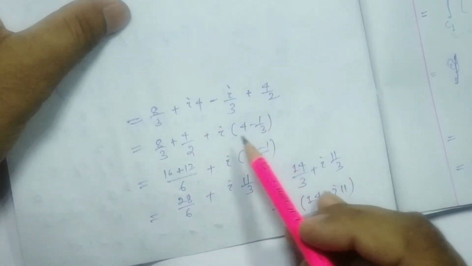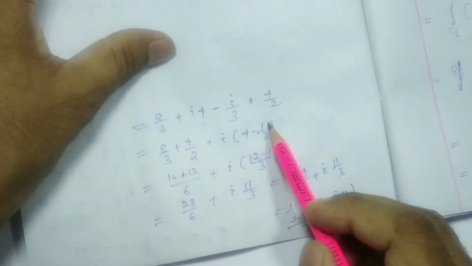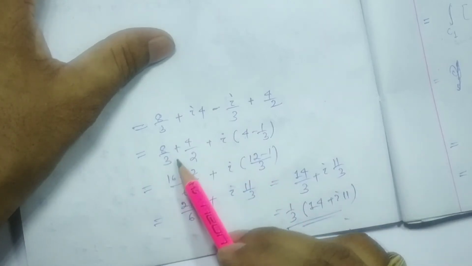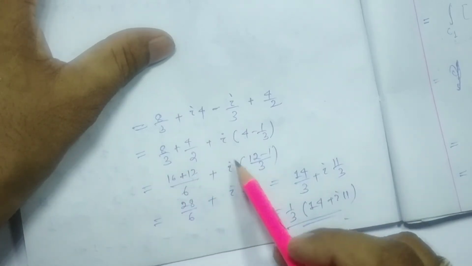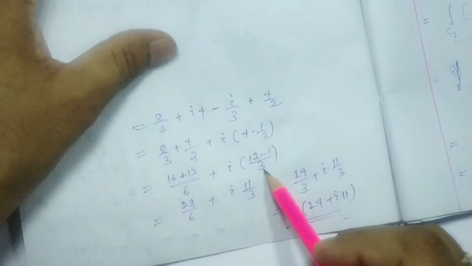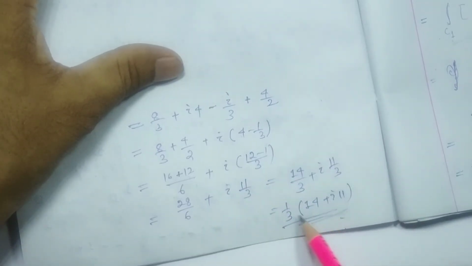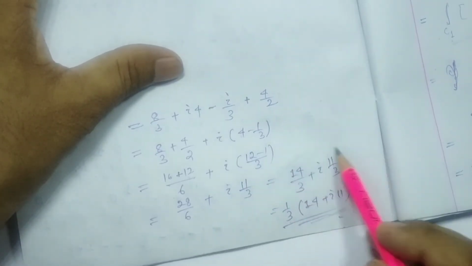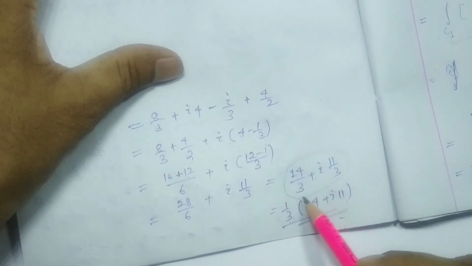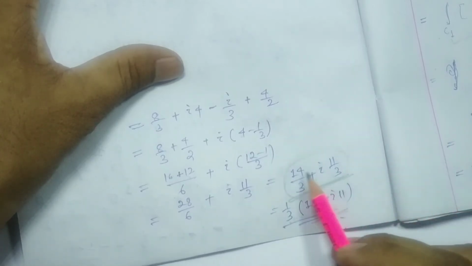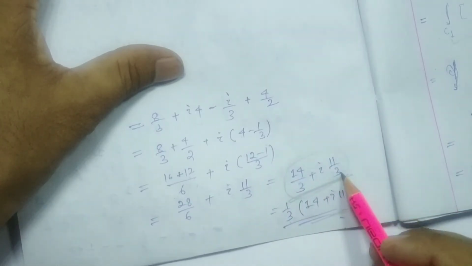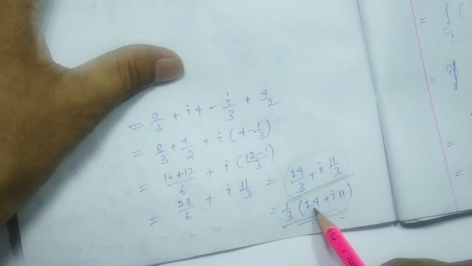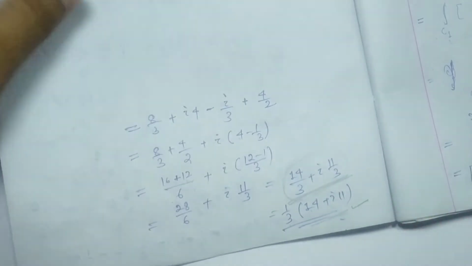Here i can be taken common, so 4 minus 1 by 3, it will be 16 plus 12 by 6, and i into 12 minus 1 by 3. At last we get 1 by 3. You can leave your answer here, no problem. So 14 by 3 plus i 11 by 3, taking 1 by 3 common, 14 plus i 11. So this is your answer for this question.